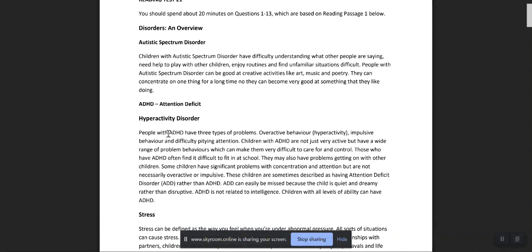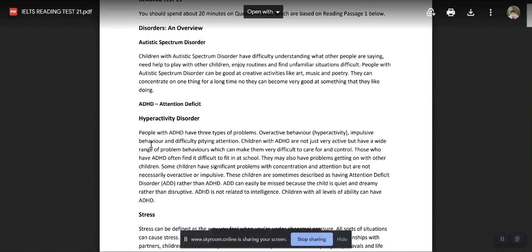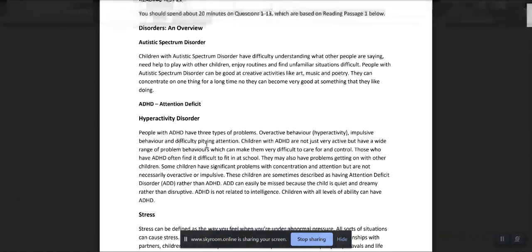Okay. People with ADHD have 3 types of problems: overactive behavior, hyperactivity, impulsive behavior, and difficulty paying attention.